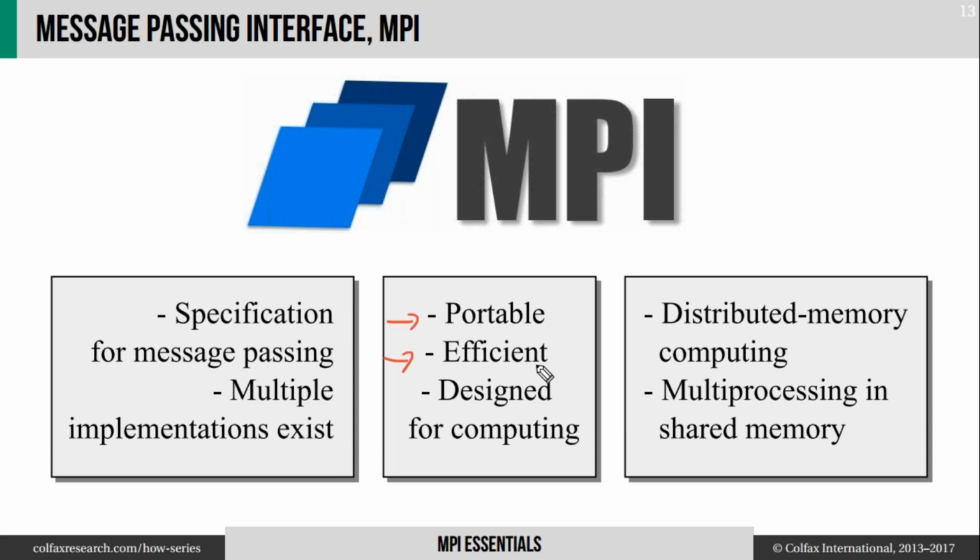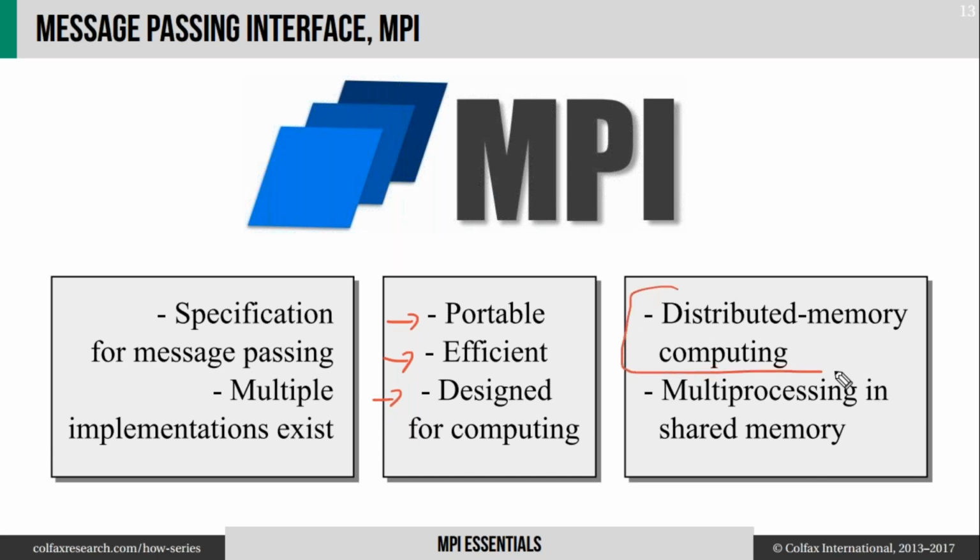Make your application efficient, but portable and future-proof. And it does so by providing to you tools for sending and receiving messages peer-to-peer or collectively. And it takes care of the underlying communication algorithms and of the underlying hardware used for communication. MPI is designed for computing from the top. This is why we are advocating it just like we did with OpenMP.